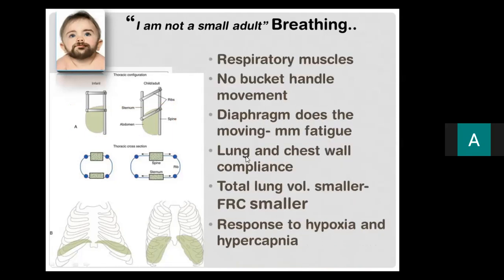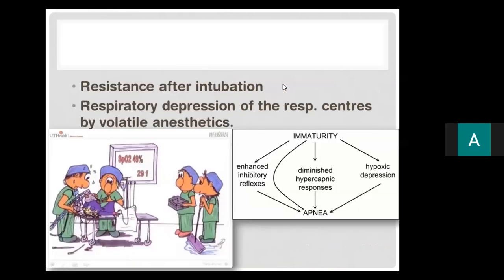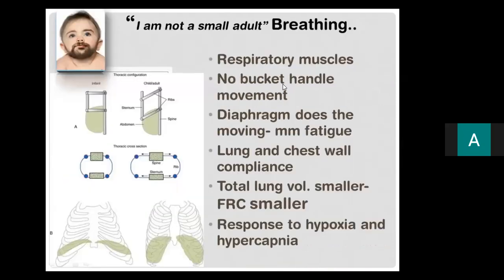Okay, something else about their respiratory muscles. In the infants, the diaphragmatic muscles that they have are type 1 that easily fatigue. So they will not sustain respiratory distress.